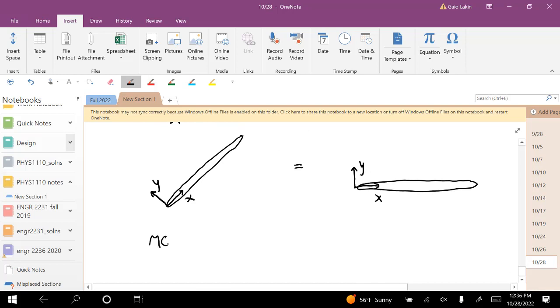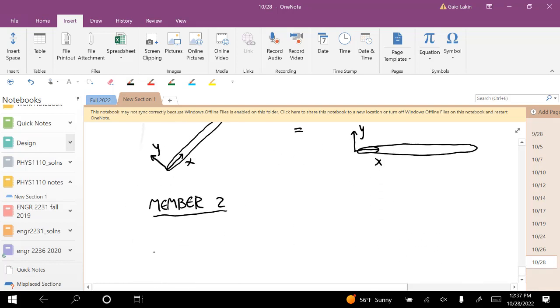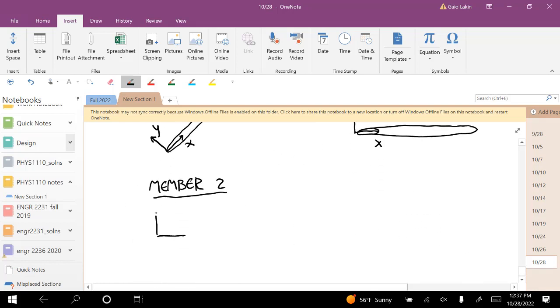Number 2, we want to go from this coordinate system to this one. That's a negative 60-degree rotation.